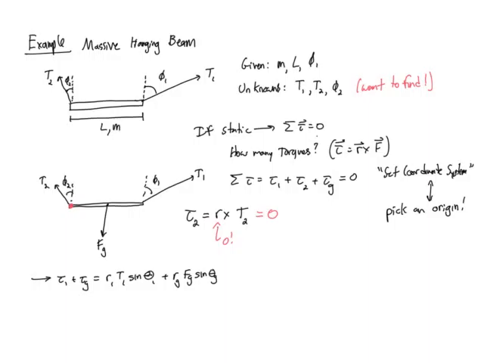This R_G should be the distance from the rotation point to where gravity is acting. Gravity always acts at the center of mass. That's at the center of the beam, so that's L over 2. So now we need to deal with the angles. Recall that the angle needs to be the angle between R and T, where R and T are tail to tail.